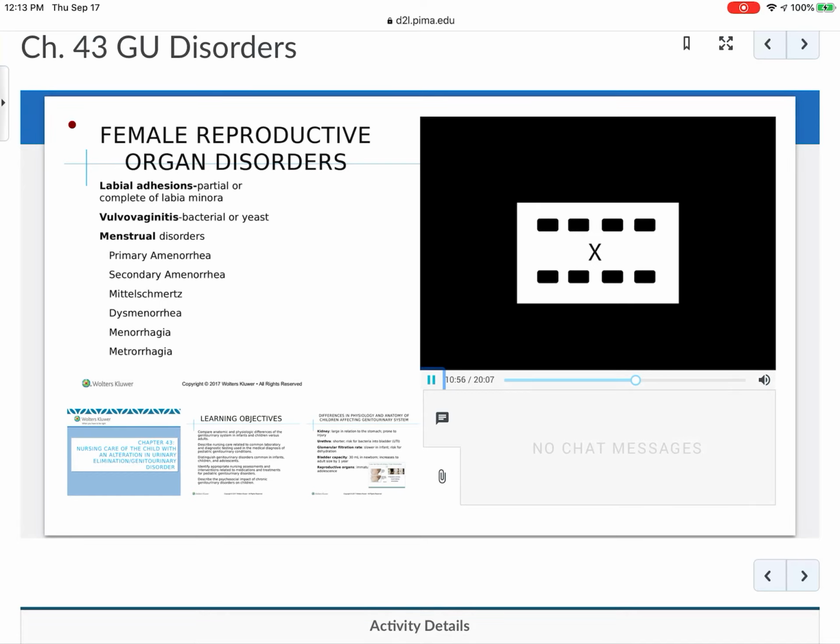reproductive organ disorders. In infant girls, we might see partial or complete adhesions of the labia minora. There's a good picture in your book on page 1658 of the labial adhesions. Sometimes the labia is fused so much that we can't get a urine specimen.